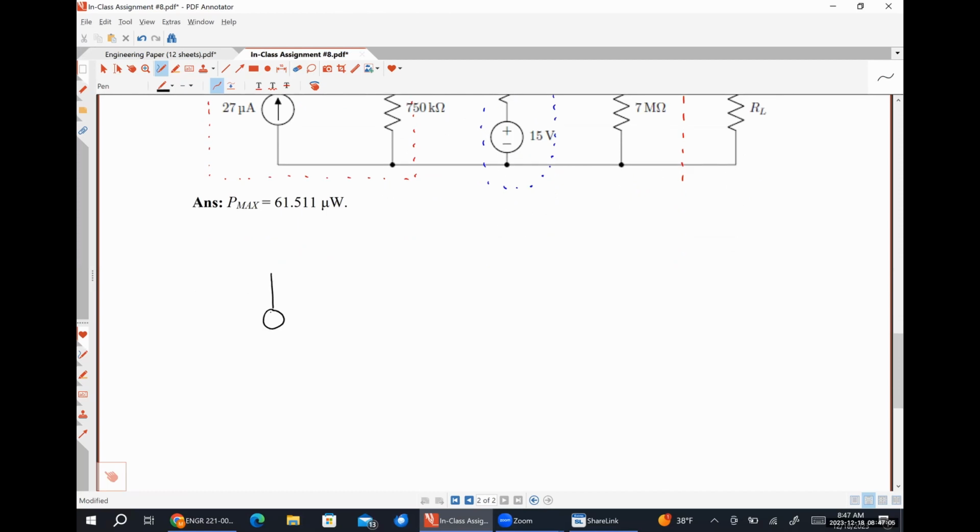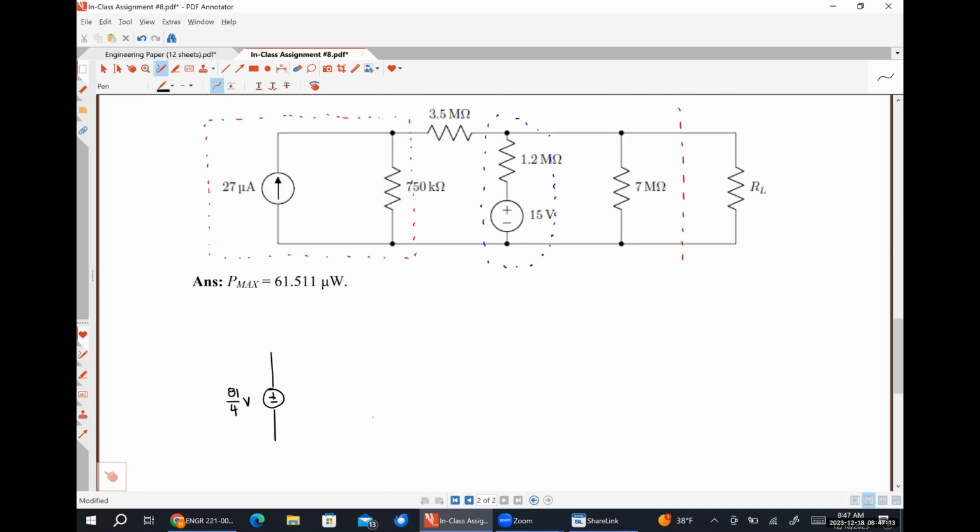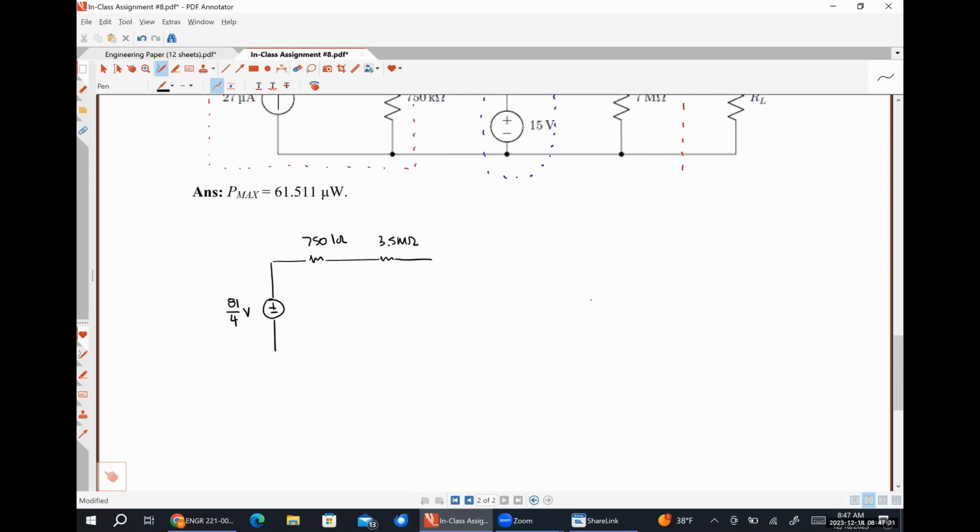So we would have plus minus 81/4 of a volt in series with 750 kiloohms in series with 3.5 megaohms.